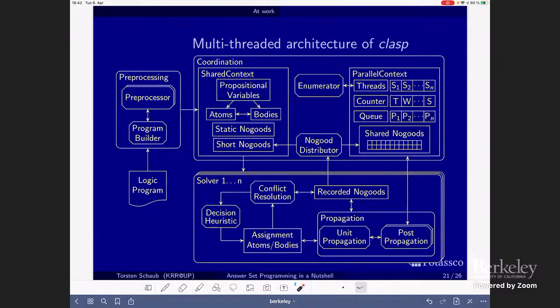Then what you have in Clasp, and this may be a bit old-fashioned, but for ASP problems it is really nice, because ASP problems consist, as a rule of thumb, of 70–80% binary clauses. And there are also some ternary ones. That's why we have a special data structure, as one of the first SAT solvers, for short clauses, for binary and ternary clauses. And they are also shared among all the threads.